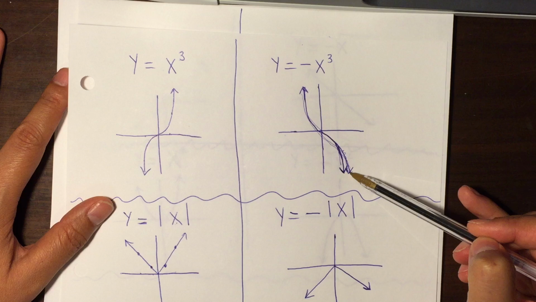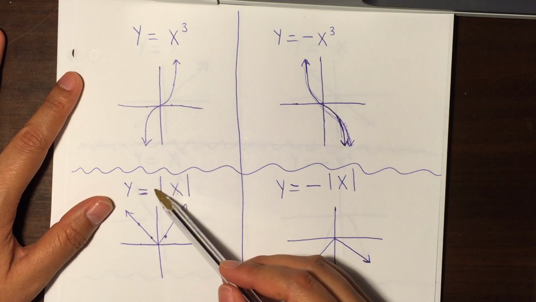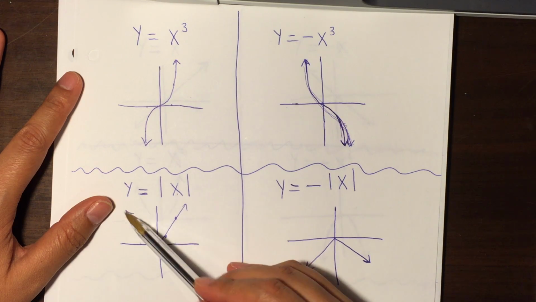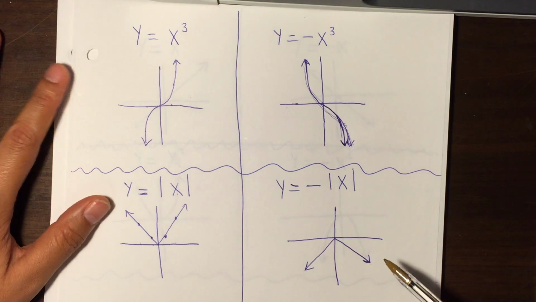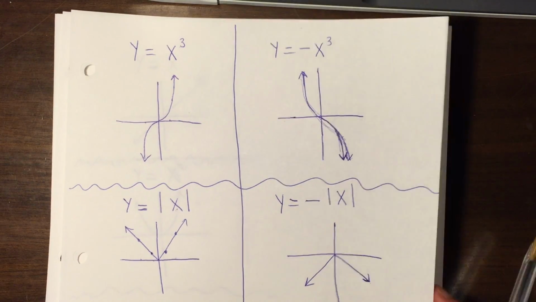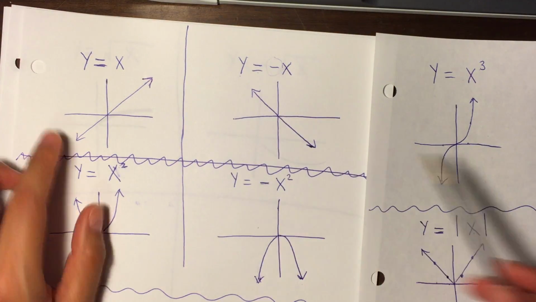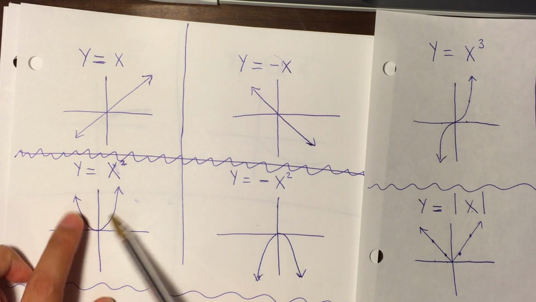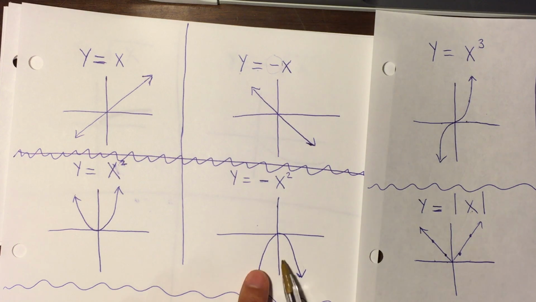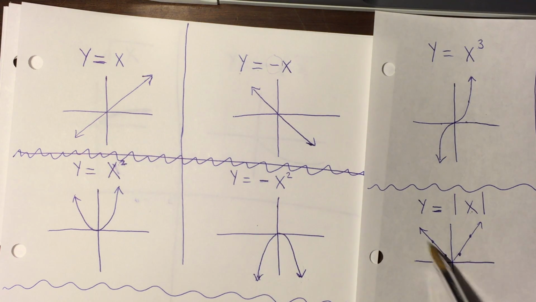If it's negative, it goes down. The absolute value of x, if it's positive, it's like a V, but if it's negative, upside down V. So these two relate because it's positive slope, positive, negative, and then this one, positive opens up, negative opens down. Okay, but remember, this is the square, it's a U, absolute value, that's the V.